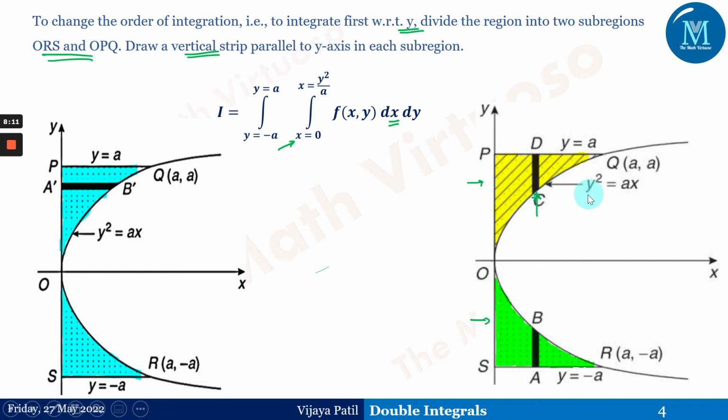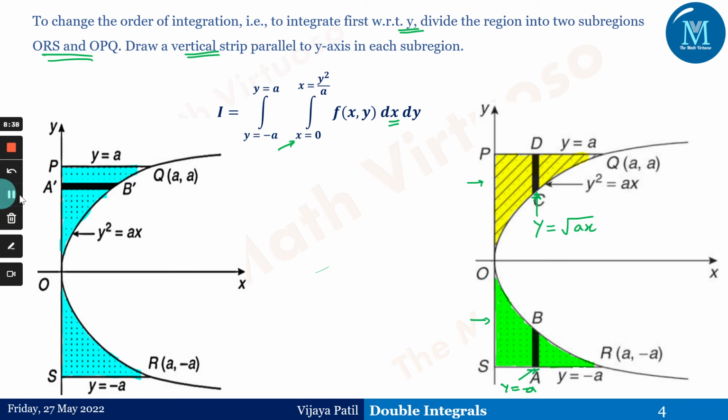This is a parabola and the limit of y is y is equals to square root of ax. Whenever we are considering this other end of the curve, it is a line. So the lower end of this particular curve is lying on y is equals to minus a. That means the lower end of the first area and the second area is different.